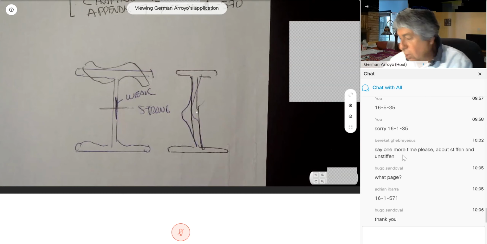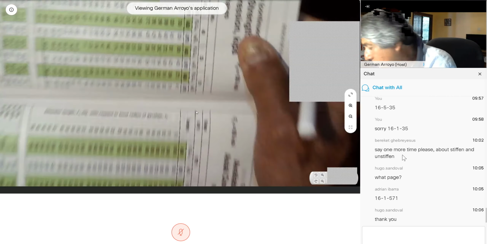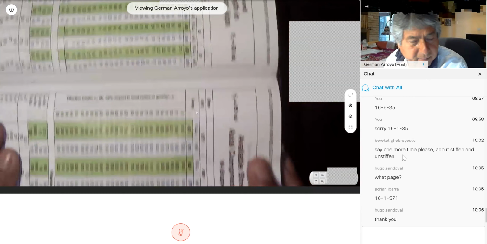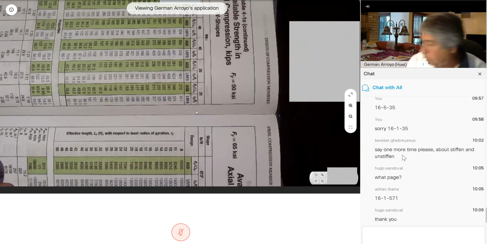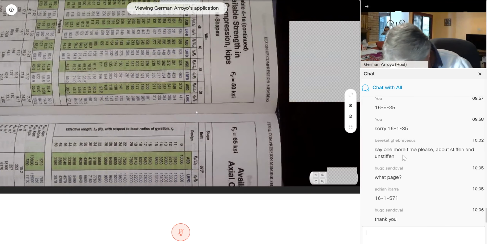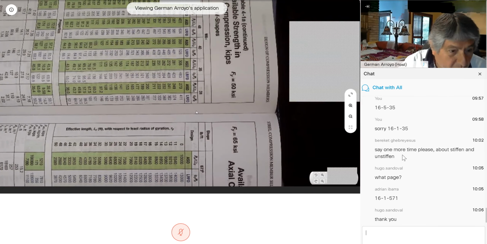That's why in this table on chapter 4, page 25, and all of those pages are similar, all of these tables are for weak axis control. All of these tables assume that it's going to buckle about the weak axis, that is the y. That's why r sub y.